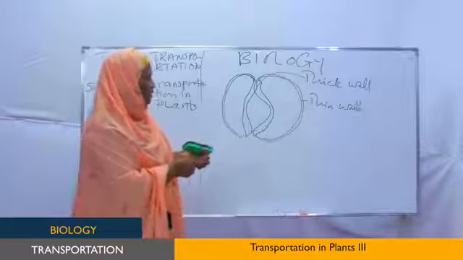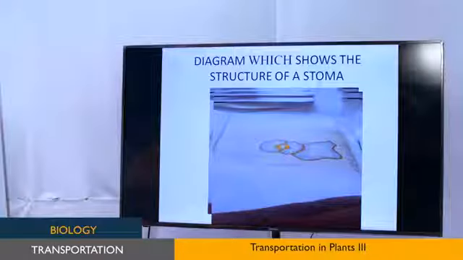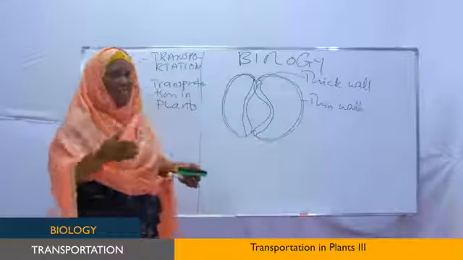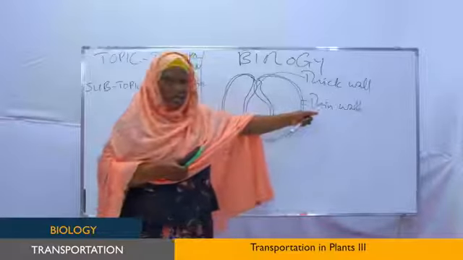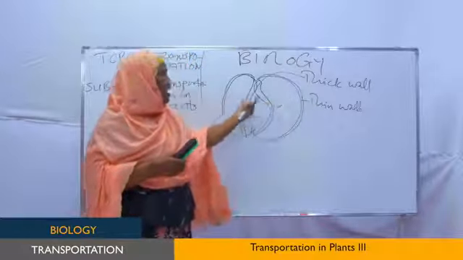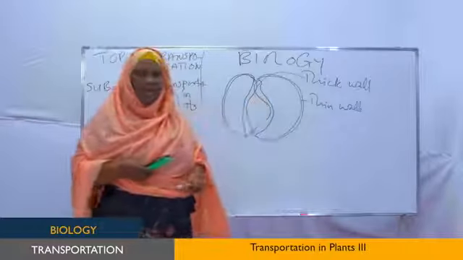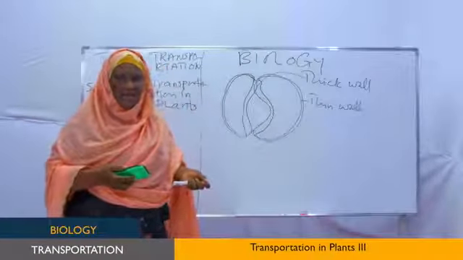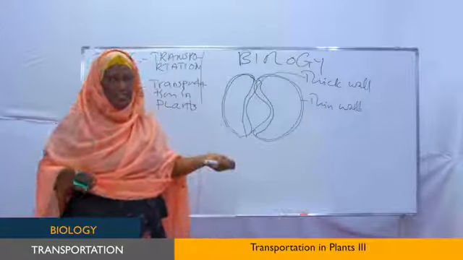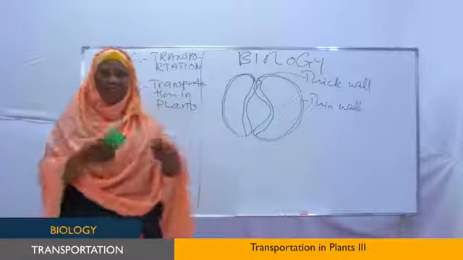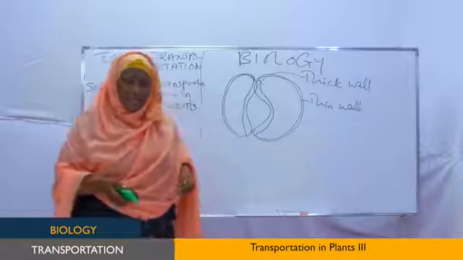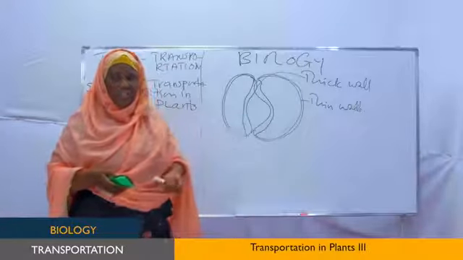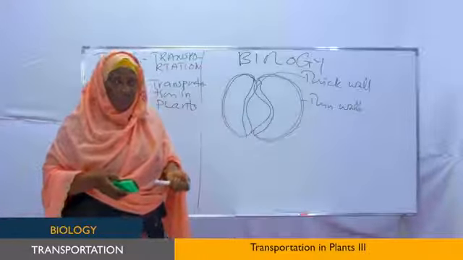When you check the structure here, you may observe that there is the inner wall, which is much thicker than the outer wall, which is somehow thin. The guard cells contain other cell organelles, like chloroplasts. Therefore, apart from controlling the closing and opening of the stomata, these cells also synthesize food.